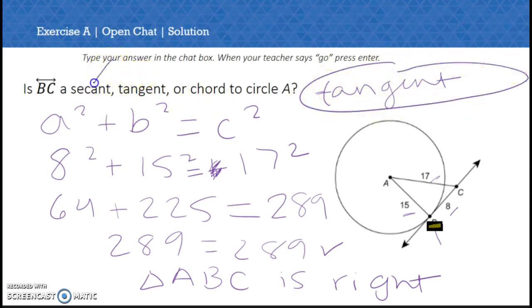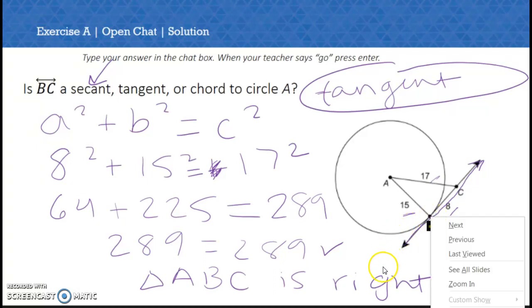So we have now shown, because it's a right triangle, that BC is tangent. Remember, by definition, a secant crosses the circle twice. So we could see already when we look at BC, it does not appear to cross the circle 2 times. It appears to be a tangent. It appears to intersect at one time. And a chord is just a portion of a secant. It starts and ends on the circle.